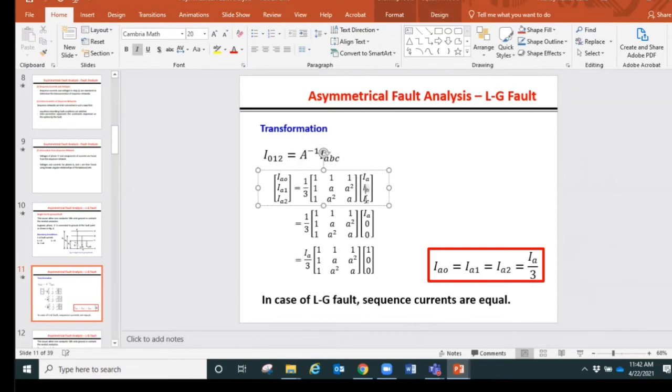We're doing all this manipulation here in steps, and then we finally arrive at this condition that IA0 is equal to IA1 is equal to IA2 is going to give the value of those three currents as IA over 3. And now looking at this equation, so what do we find? That this positive, negative and zero sequence currents are equal.